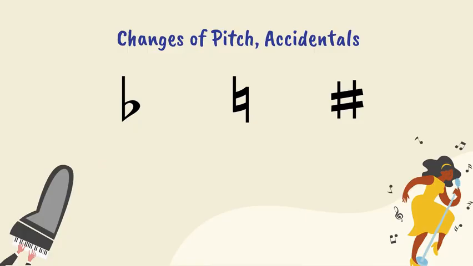We talked a little about these guys when we were looking at the key signatures. I'm first starting with the one on the far left, that thing that looks like a B. That is what we call flats. The one in the middle, that looks like a box and then two little sticks, is a natural. And lastly, the one that's a hashtag is the sharps.